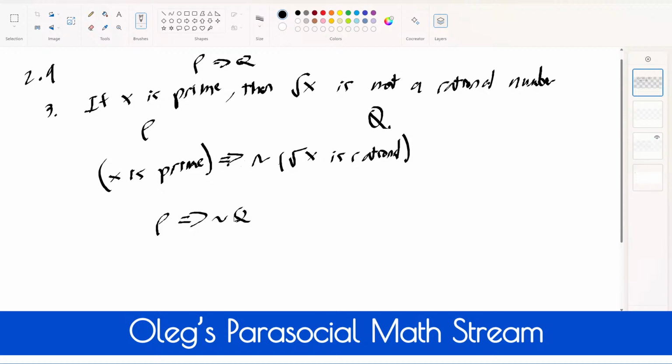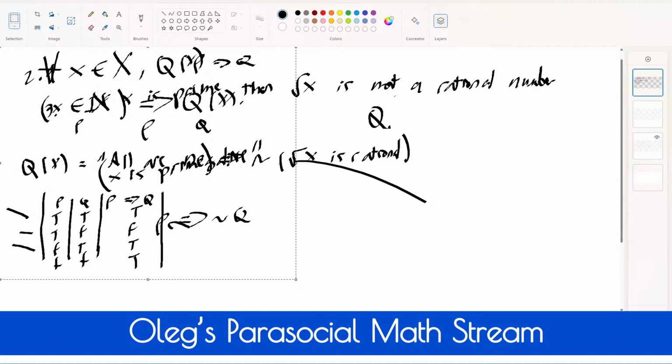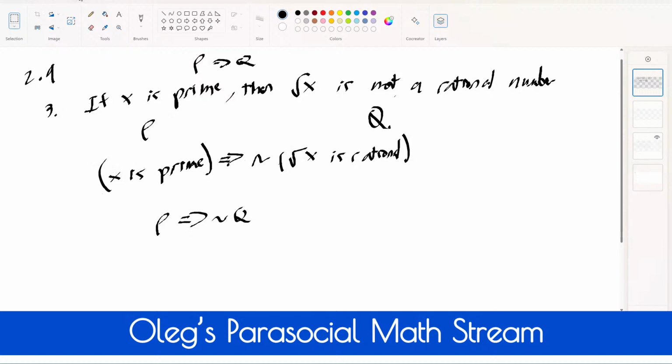Instead of writing it is not rational, we took the not and moved it out. Not Q. Okay. So P is x is prime and Q is root x is a rational number. So it's just as I defined it.